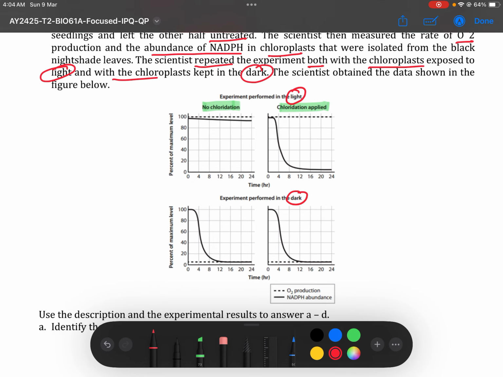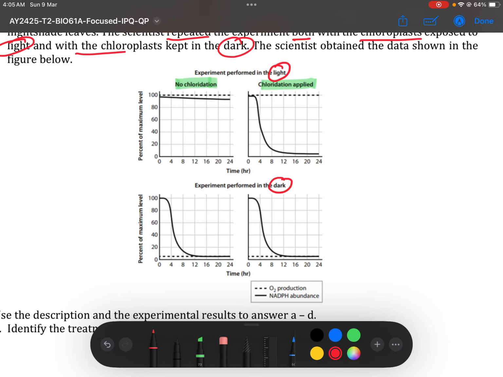While the other factors stay the same, you can apply no chloridazone over here. So this is with no chloridazone, and this one is with chloridazone. So this is what you have to know. And also this is applied over here as the y-axis. This is the same thing.